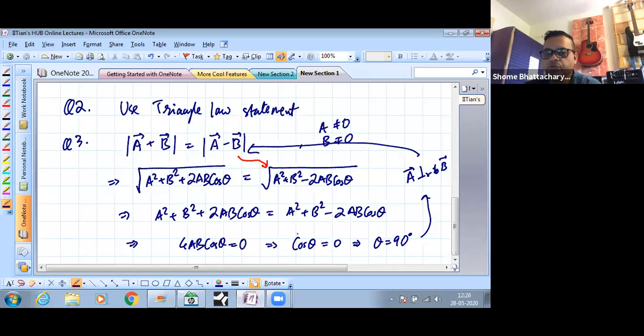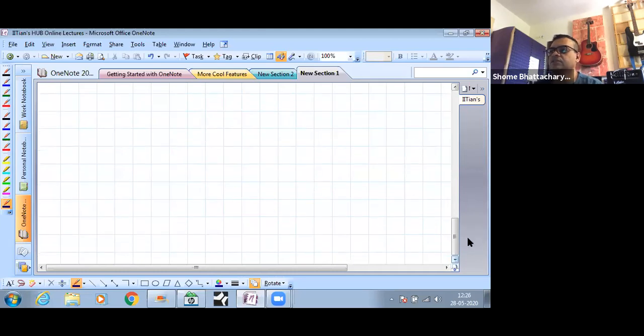Okay, let's come to question 4. It is a question like this, that it says the sum of 3 vectors is 0, and something is given about A and B. They are of magnitude 20 and 15.